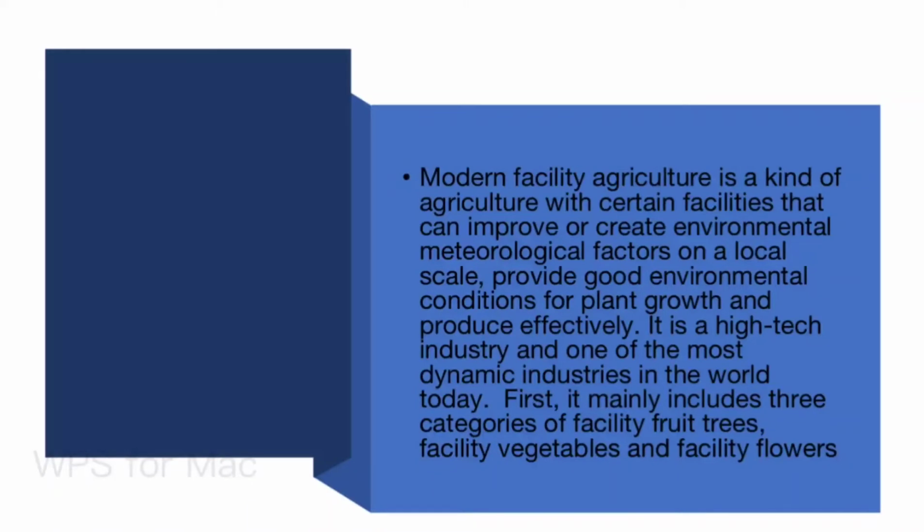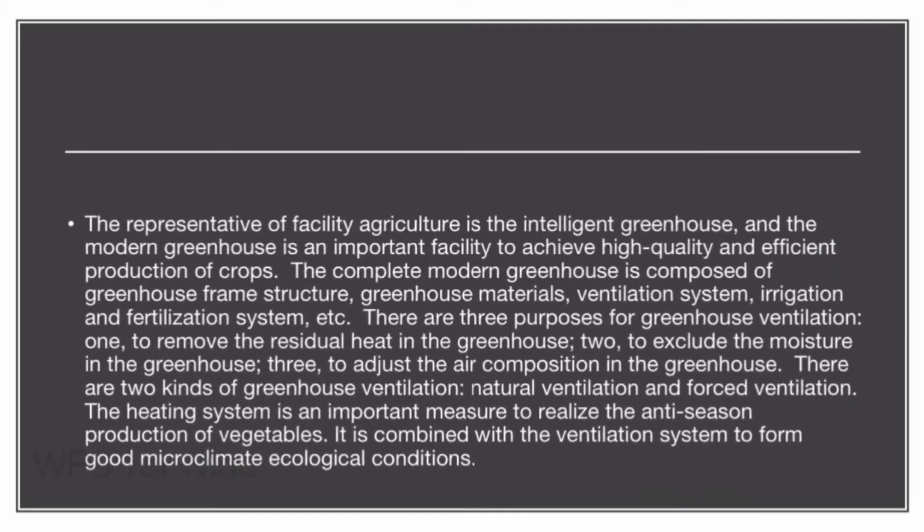It is a high-tech industry and one of the most dynamic industries in the world today. First, it mainly includes three categories: facility fruit trees, facility vegetables and facility flowers.